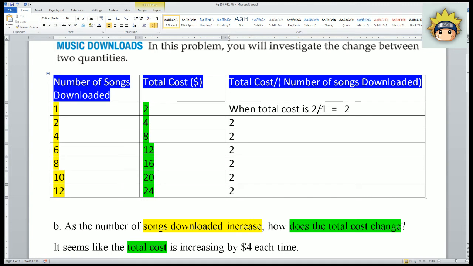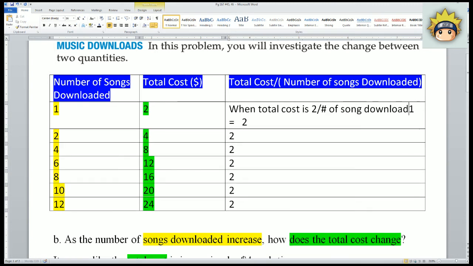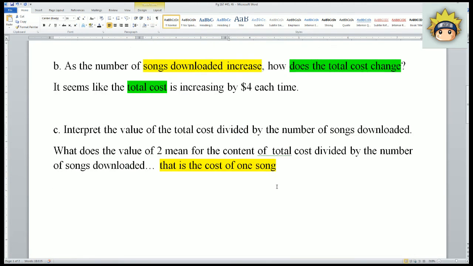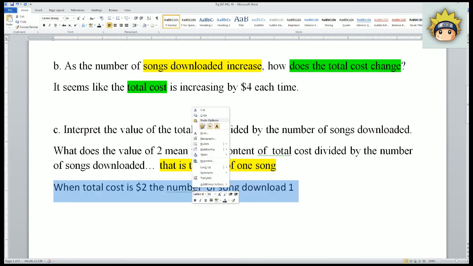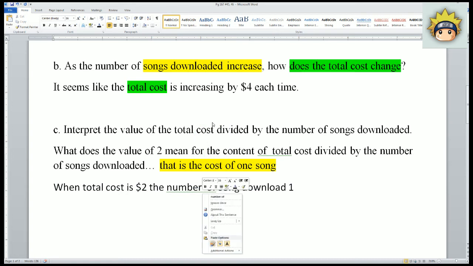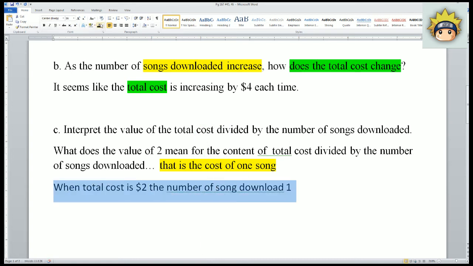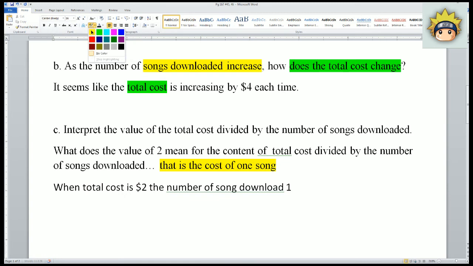When the total cost is 2, the number of songs downloaded is 1. So that is what that means. I could even put the numbers: when the cost is $2, the number of songs downloaded is 1. That is your answer there.